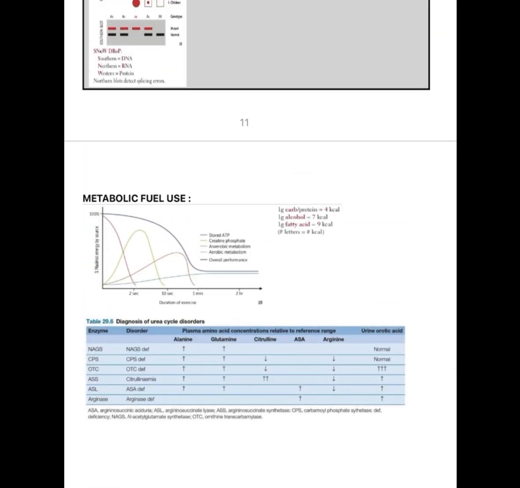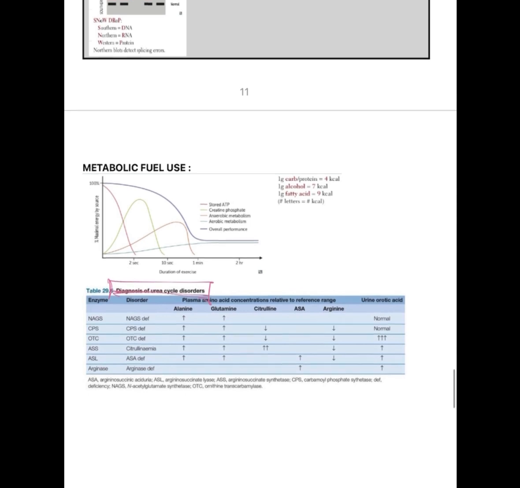There is this diagnosis of urea cycle disorders. Because I was talking about metabolic disorders, I'll just quickly complete this. So what are the important things they might ask in urea cycle disorders? You have to remember there is NAGS or CPS deficiencies. NAGS is N-acetyl glutamate synthase and CPS is carbamoyl phosphate synthetase.